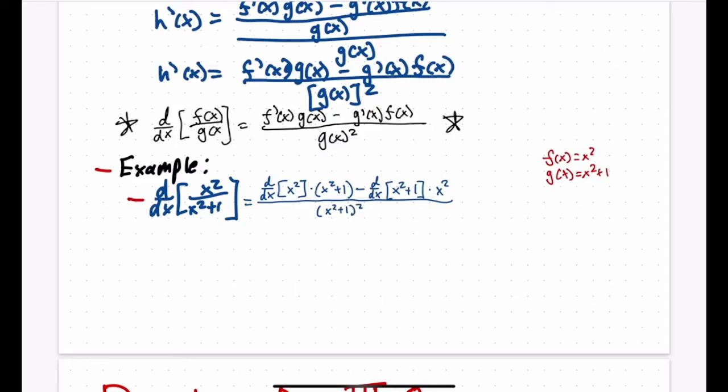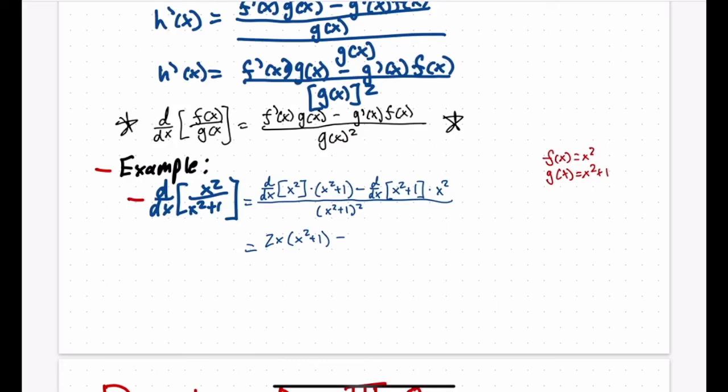Alright, now we won't necessarily go in and solve this whole thing because it'll be really long, but we can go through the derivatives, and then you can see that it's just algebra after that. So the derivative of x squared is, bring that 2 down, decrease the power by 1, and it just becomes 2x times x squared plus 1, minus the derivative of x squared plus 1. Well, it's the derivative of two functions, which means that it's the derivative of each of those individual things.